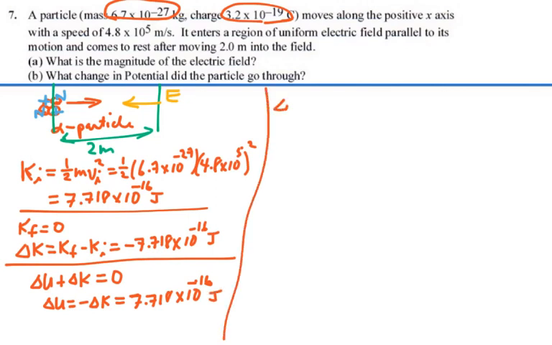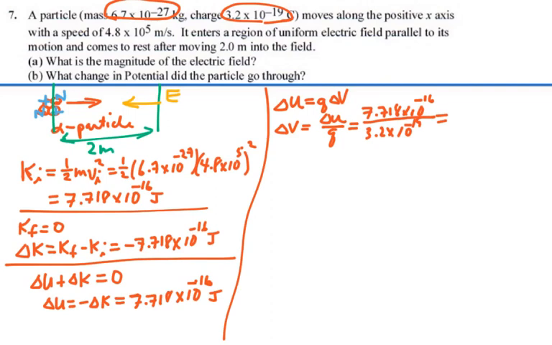Well, we know that the change in potential energy is equal to the charge times the change in potential. So the change in potential is going to equal the change in potential energy divided by the charge. That's going to be equal to 7.718 times 10 to the minus 16 joules divided by the charge, which is 3.2 times 10 to the minus 19 coulombs.